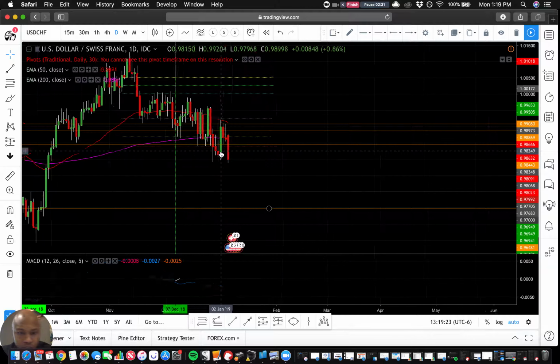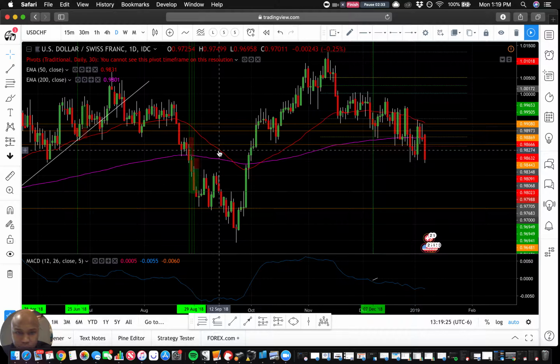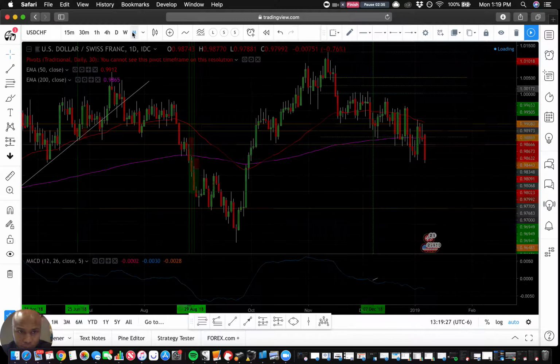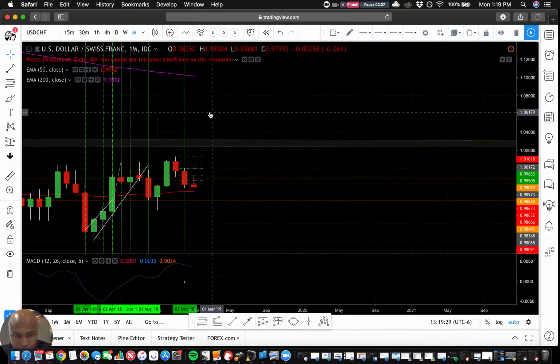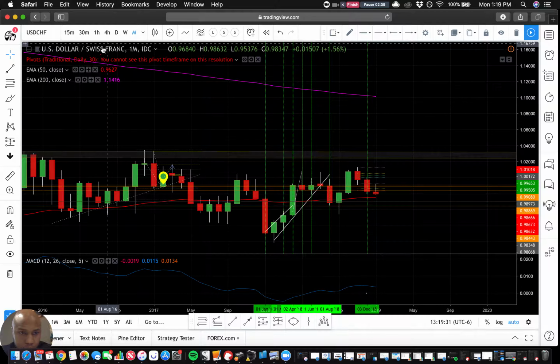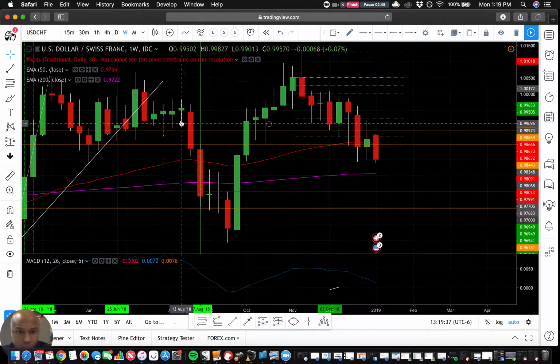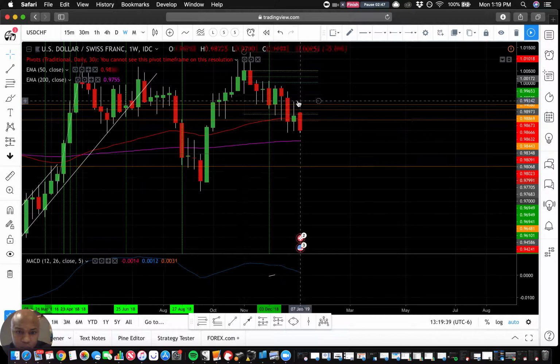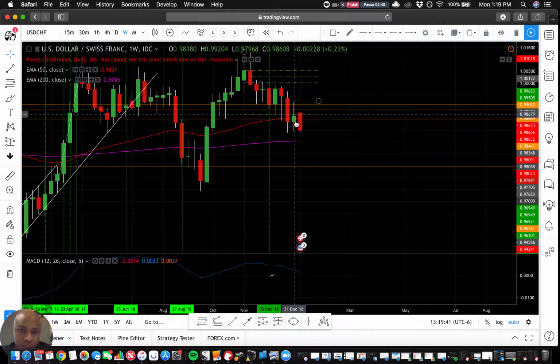Let's look at the daily chart on the USD CHF. Not a lot going on in the daily. Monthly looks like it is overextended but still red. No big reversal candle or anything like that showing that it's going to turn around. Some interesting hesitation at the 50 EMA level from last week.